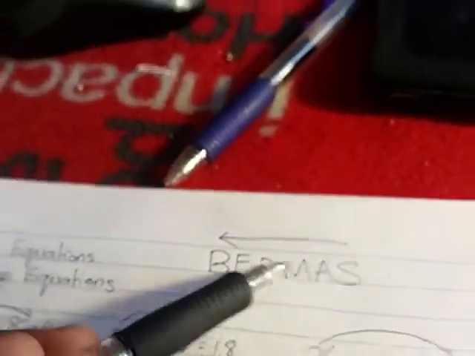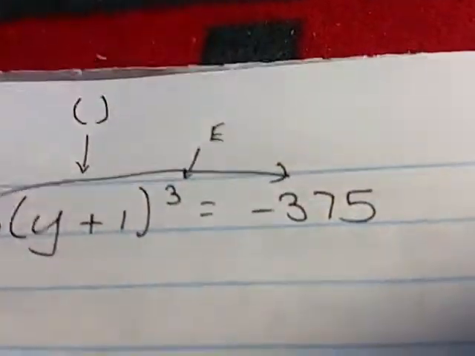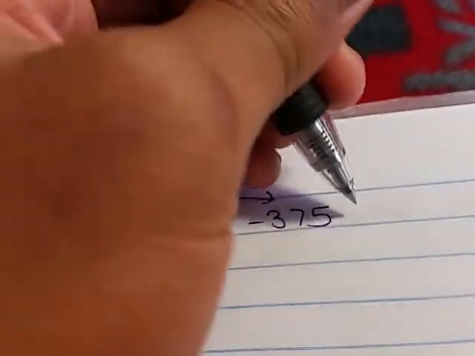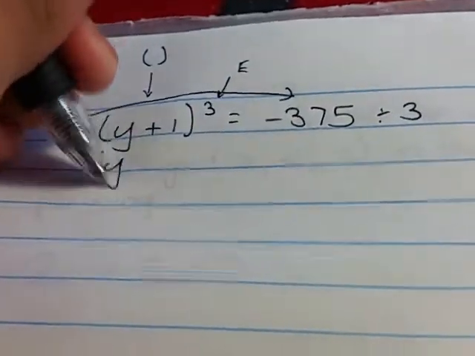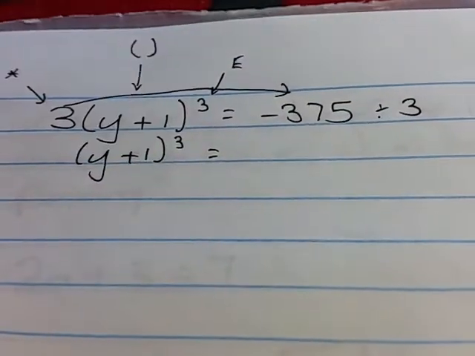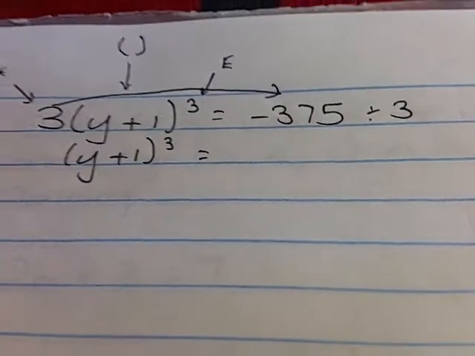Reverse BEDMAS, we should deal with the multiplication first. So we are going to move that 3 over first. Multiplication by 3 on one side becomes division by 3 on the other. So you have (y plus 1) all cubed equals negative 375 divided by 3, which is negative 125.